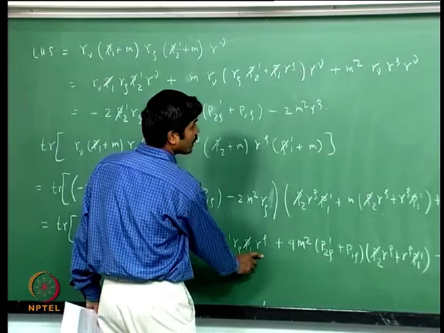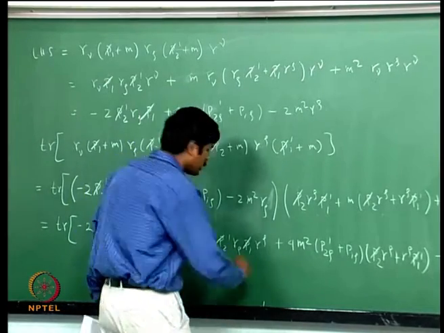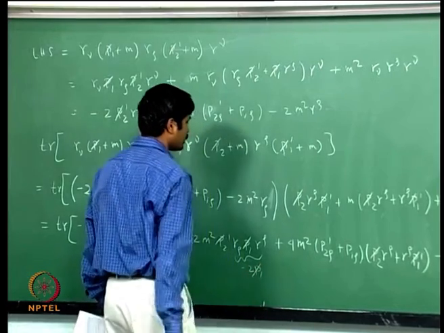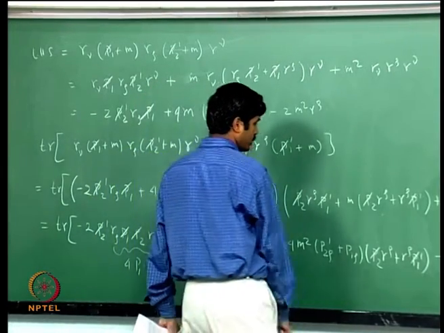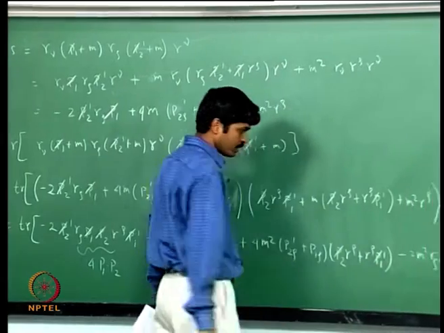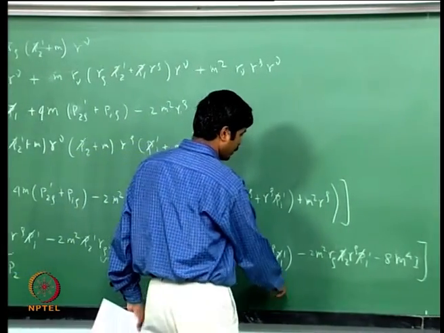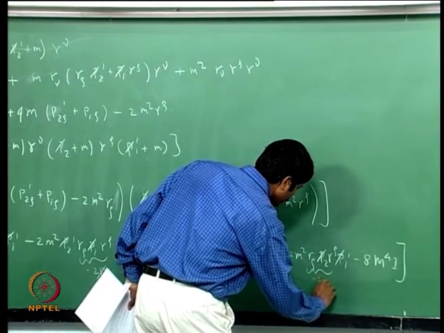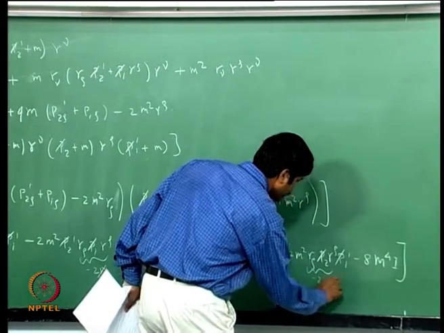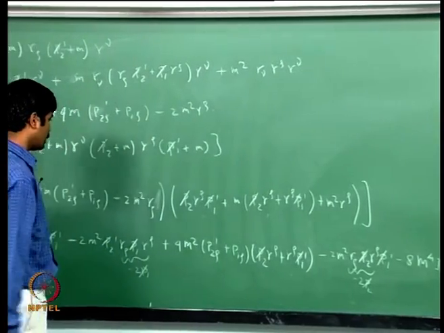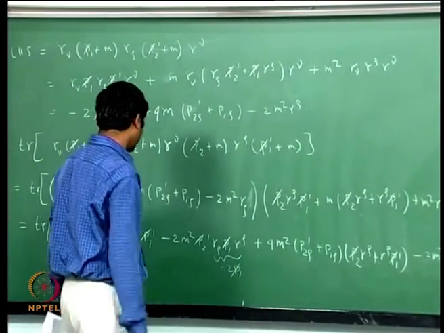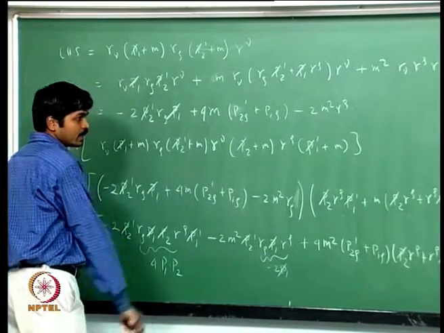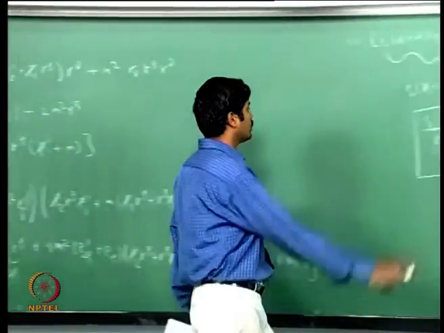So, this is minus 2 p 1 slash, minus 2 p 1 slash, and here of course, this we have to evaluate, and here minus 2 p 2 slash, right. So, now we will use, when we substitute that, it will take a simple form.